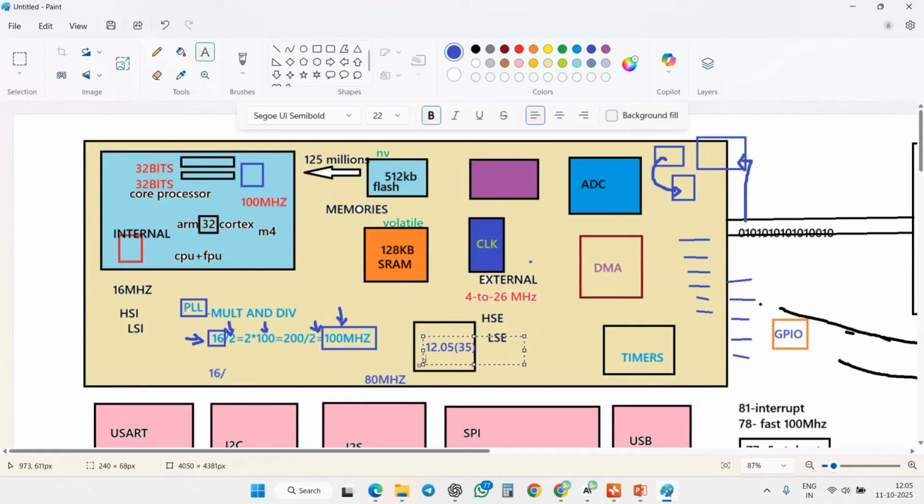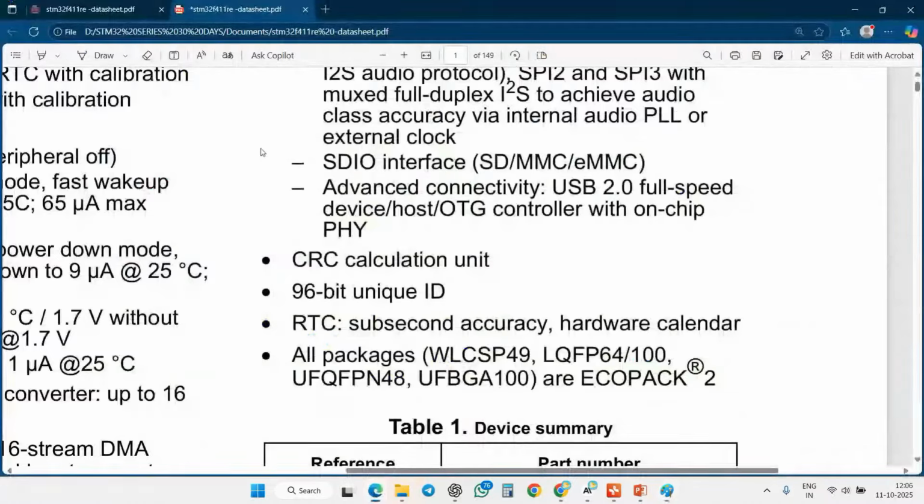And what's the date today? 11/10/25. So this data you can also get through this process, because we have an RTC inside. With that, we can get the current date and time. It is also applicable here.